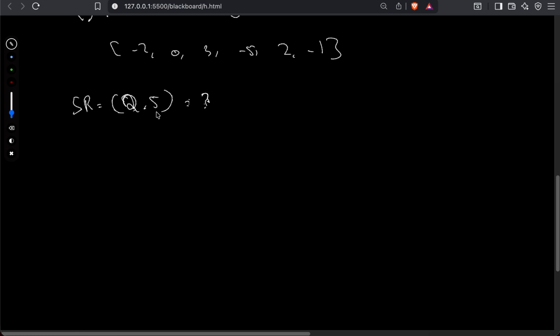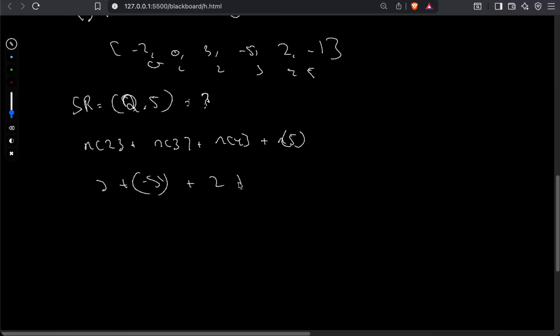What is the sum of the range from 2 to 5? Let's calculate nums of 2 plus nums of 3 plus nums of 4 plus nums of 5, with indices 0 1 2 3 4 5. So 3 plus -5 plus 2 plus -1, so the sum is -1.